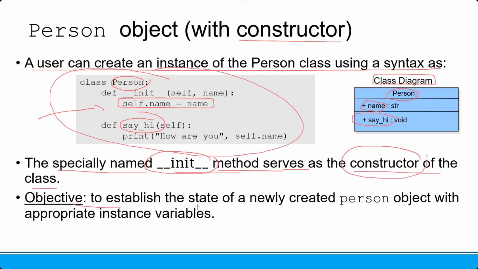The objective is to establish the state of the newly created person object with appropriate instance variables. So if the object has a data member of name, then we want to create the person with a name. If you have the person with name and age, then you can create another variable also.